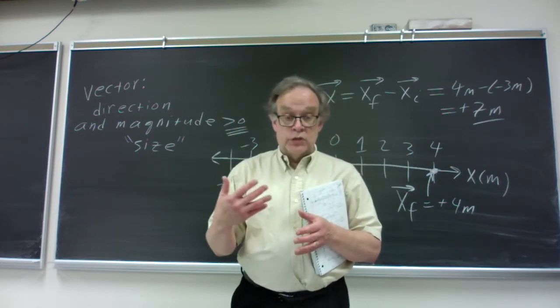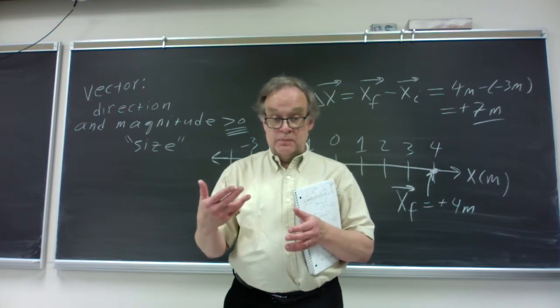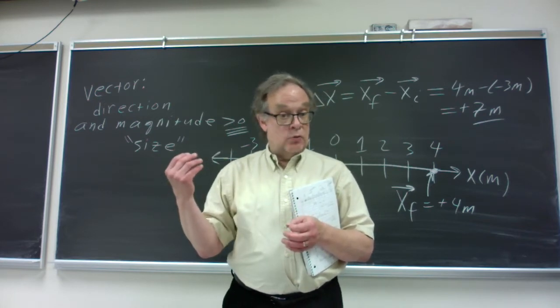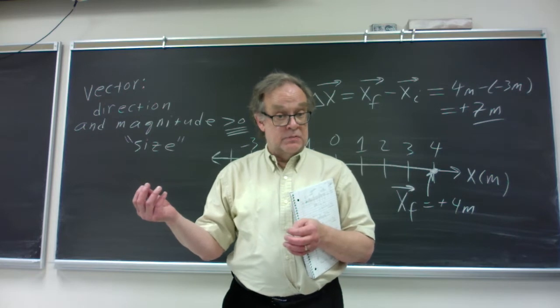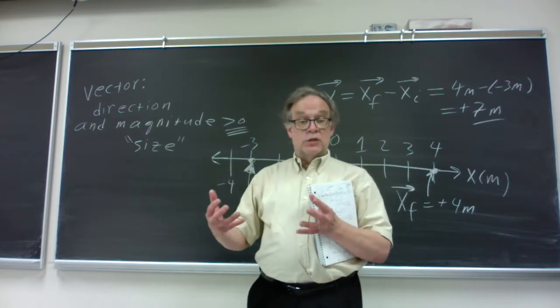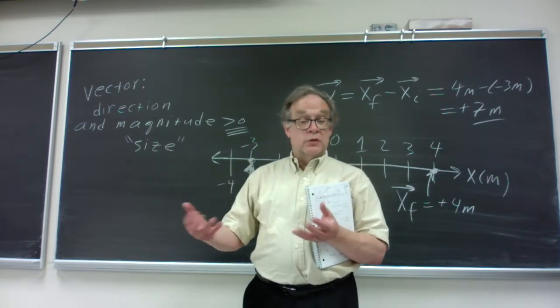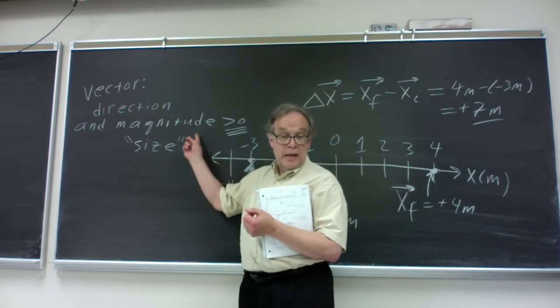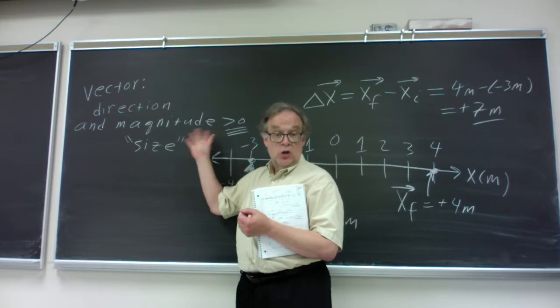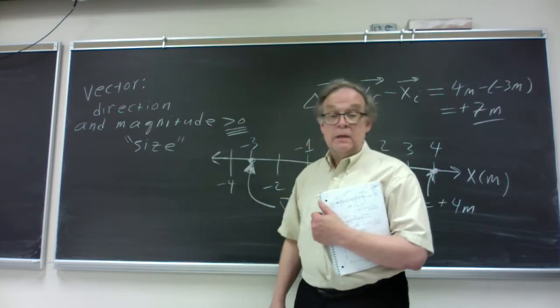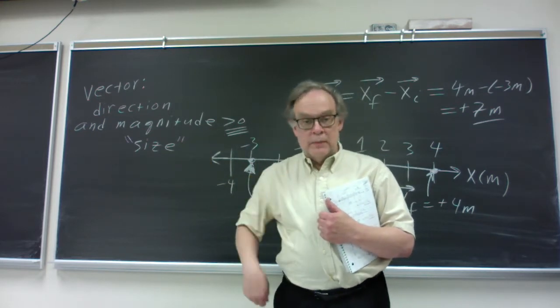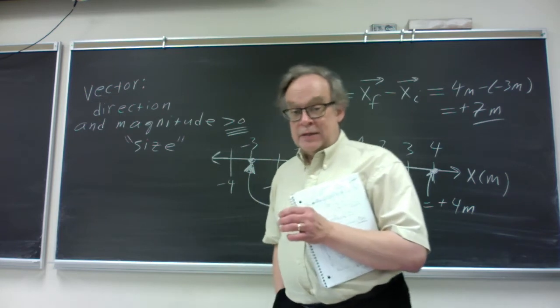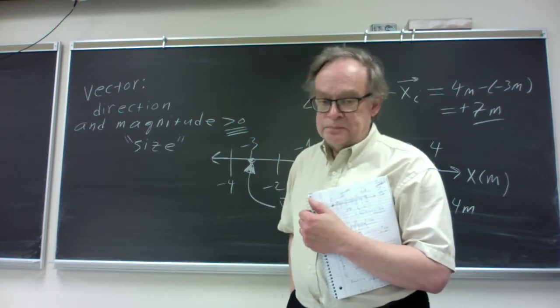When you use those kinds of words, what comes to mind are always positive numbers. The amount of stuff, how much, how long, how far. Magnitude, in other words, is always a positive number. Important thing to remember. People get confused by that every once in a while.